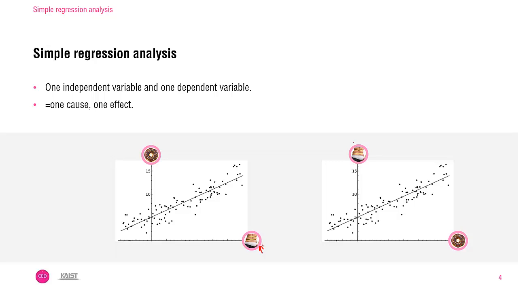So consequently, the person might have more appetite, so may eat more donuts as the result. So either model is possible. And in either case, we can try the regression analysis. I personally think the left chart looks more interesting because this one is too obvious.